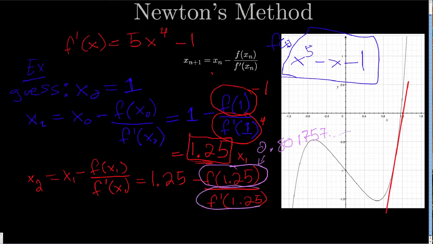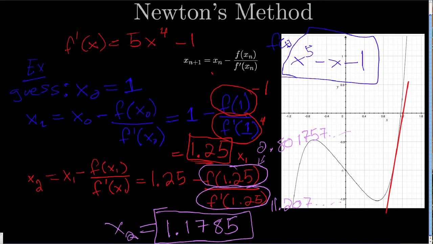And when we plug 1.25 into the derivative, we get 11.207, and a bunch of stuff. And so for x sub 2, we get 1.178. I'm just going to round it to 2 decimal places.